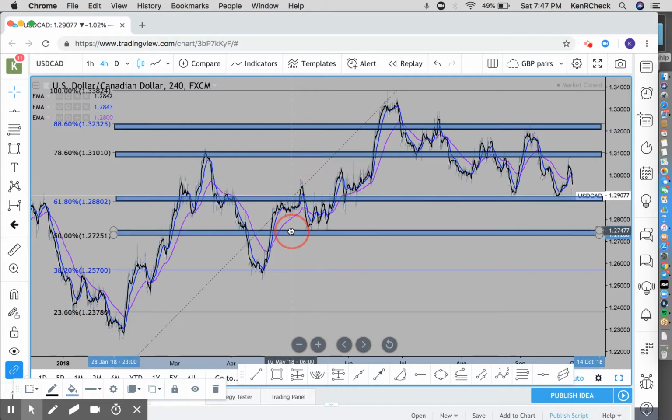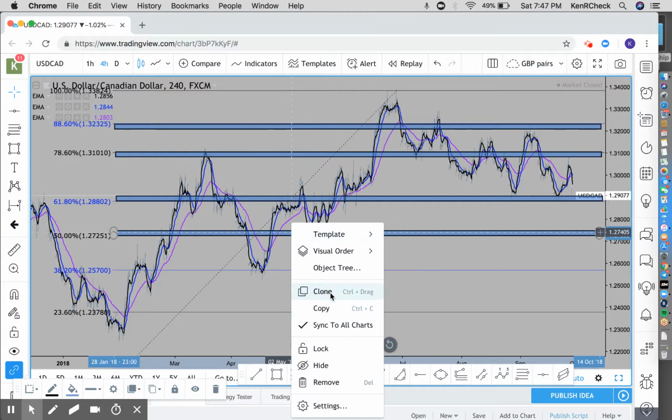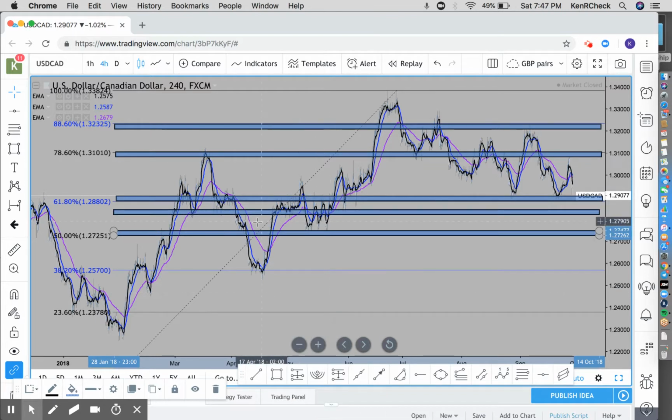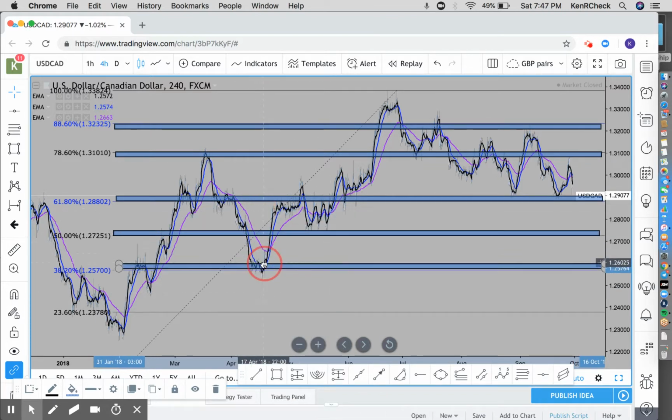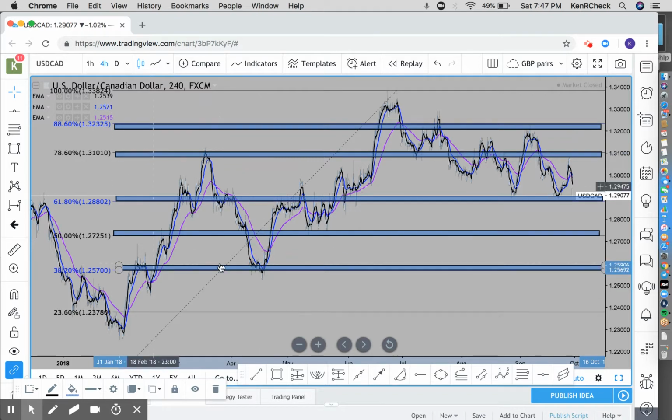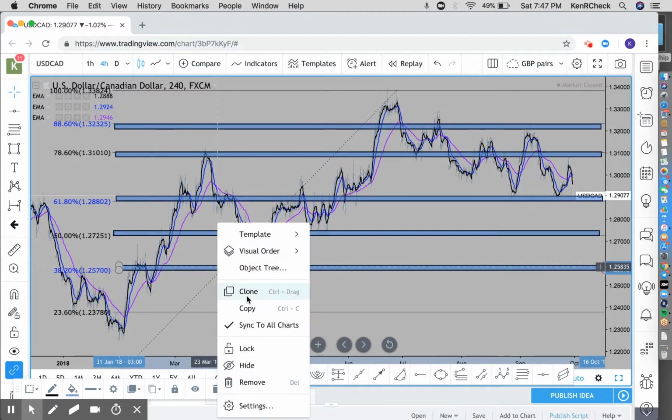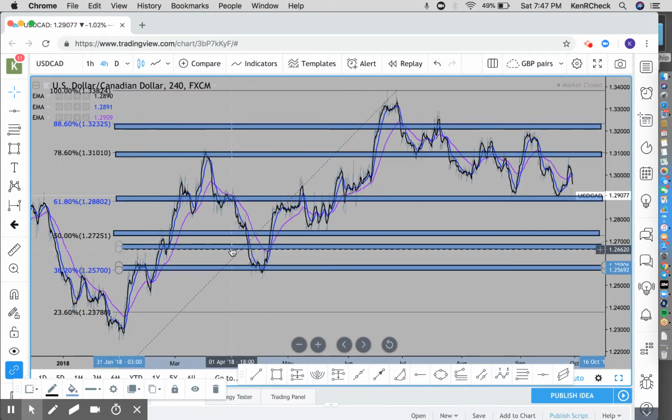I like to put it on every level just in case it hits on these levels, so it gives you more of a clear confirmation. So on the 38, perfect. And then lastly, on the 23.